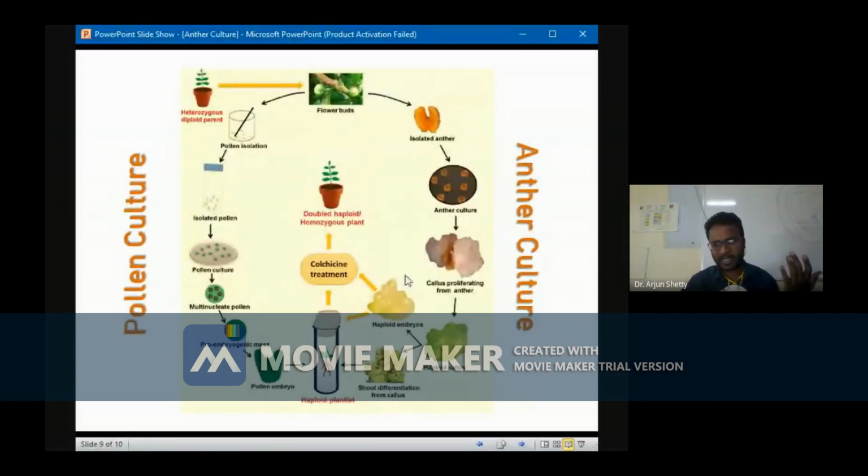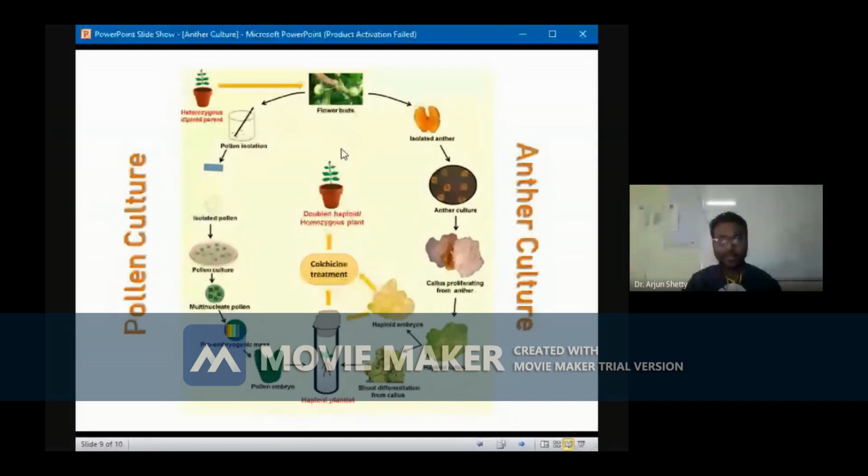So these embryos can be treated with colchicine to produce diploid plants, or directly from the shoot we can go for production of a haploid plant. If you want to retain only the haploid plant, you can retain it. For future study, if you want to double the chromosomes, we can treat with colchicine and get the doubled haploid or dihaploid plant, a diploid plant that is homozygous.